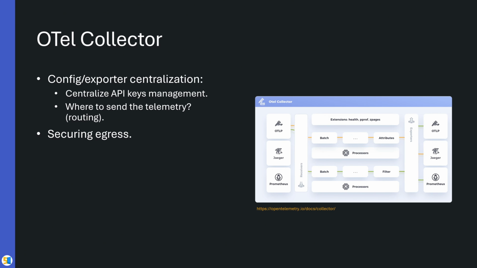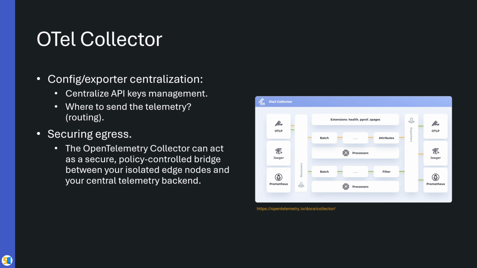So this edge computing can still send telemetry data to specific endpoints outside the firewall. Okay, so this is the definition: the Collector can act as a secure policy control bridge between your isolated edge nodes and your central telemetry backend.